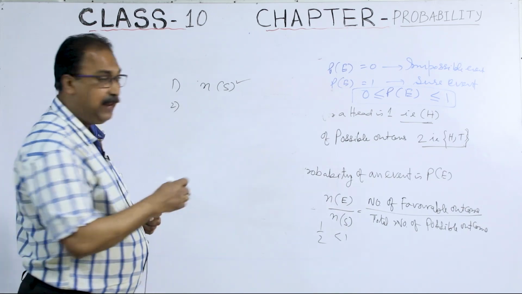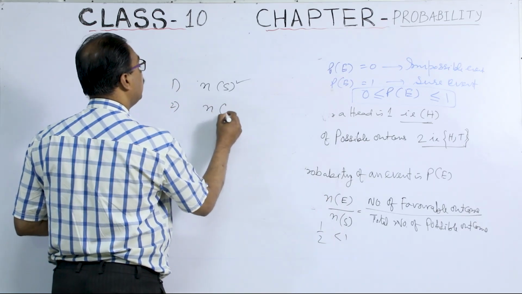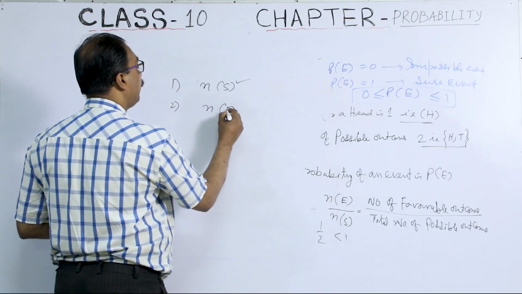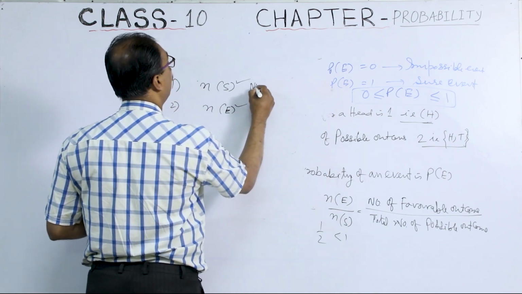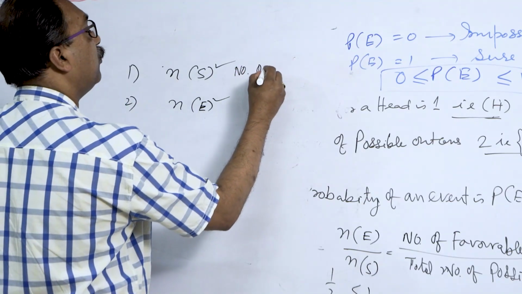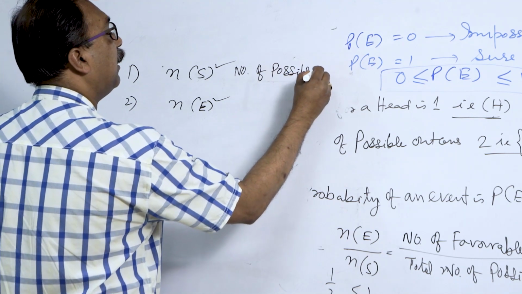What do you call it? N of E. What I told you in the formula? N of E is called the number of favorable outcomes. First you have to count the number of possible outcomes.